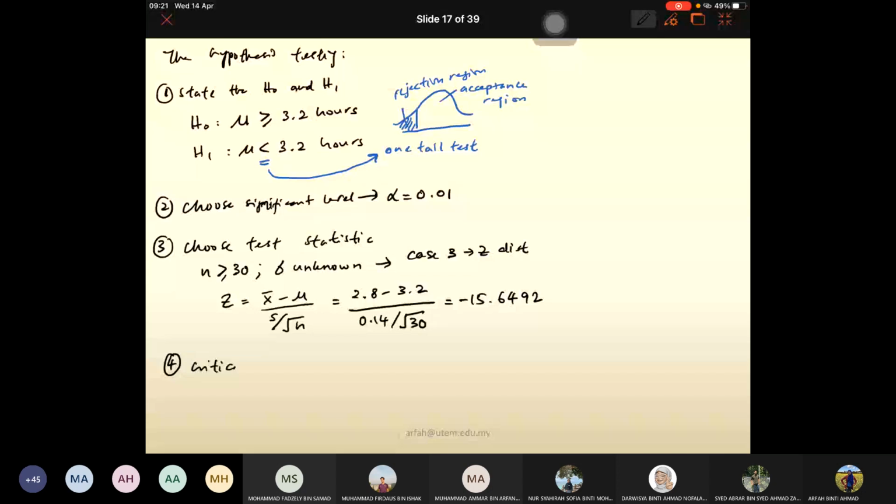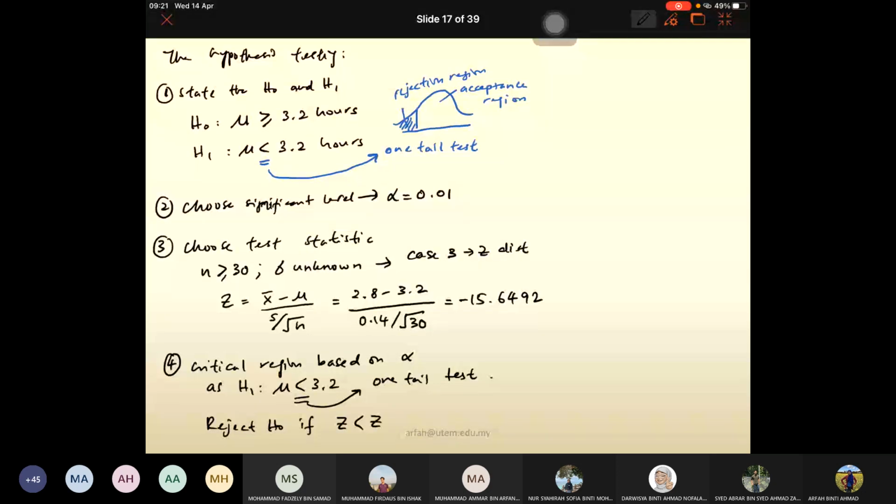Okay, critical region based on alpha. Okay, from here since H1 awak mu less than 3.2, so ada tanda less than, so this is a one tail test. Okay, reject H null if Z less than negative Z alpha. So kita tengok dekat table ni. This one.